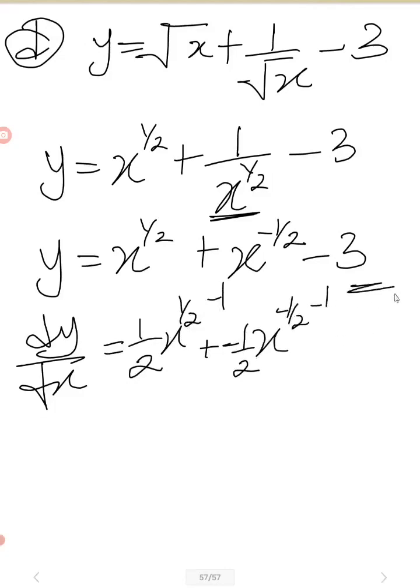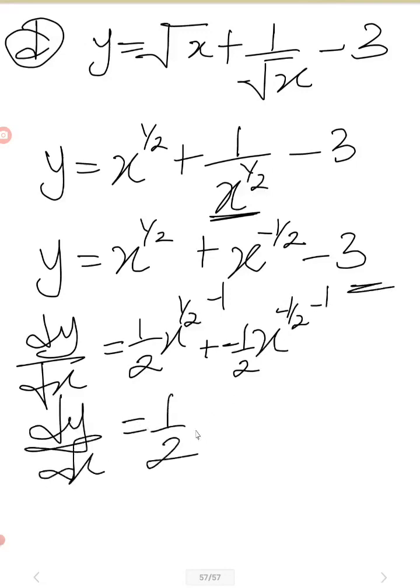So now let's differentiate y with respect to x, which we have the half multiplied by x to the half minus 1, plus minus half times x to the minus half minus 1. So this is constant, it just gives you 0. So the derivative of y with respect to x is this, x to the minus half. At this junction, we have a plus times minus which will give you minus, which is minus half on x.